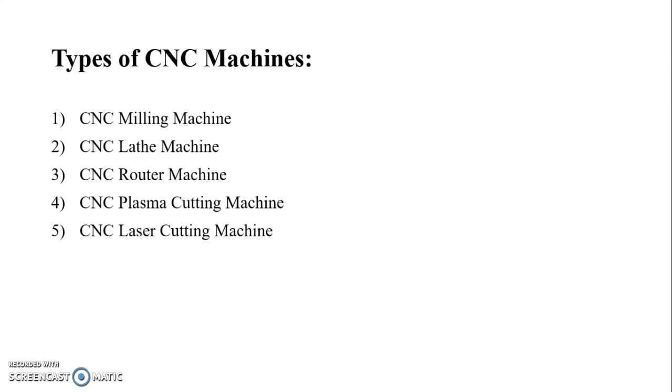CNC laser cutters follow the same principle as the plasma cutter, except they use a powerful laser to do the cutting. A laser cutter will need a different strength of laser suited for the material, depending on the hardness and thickness. So this is the information on different types of CNC machines.